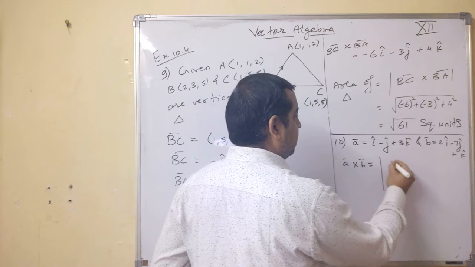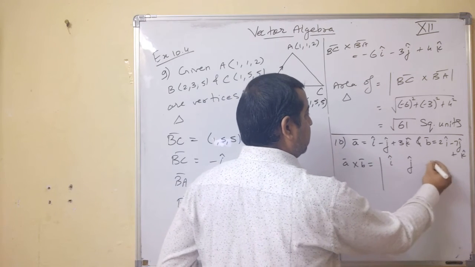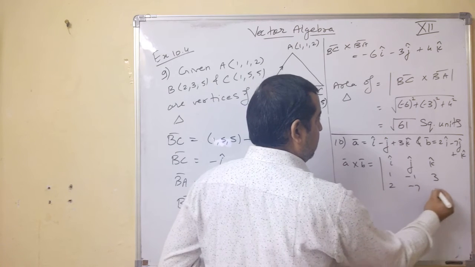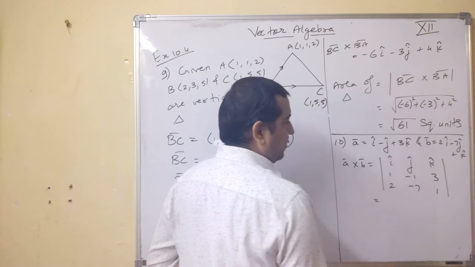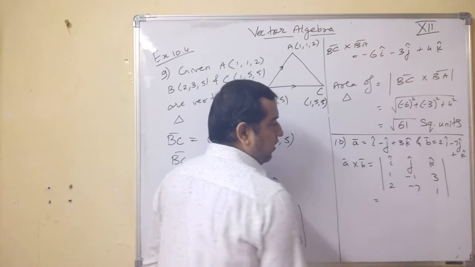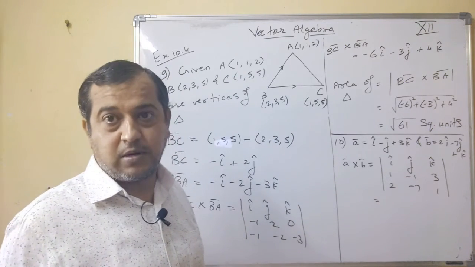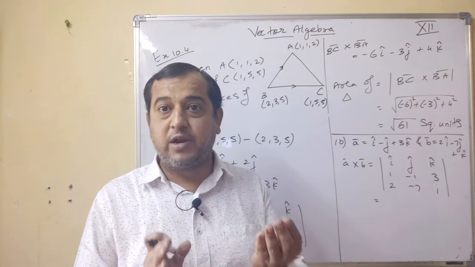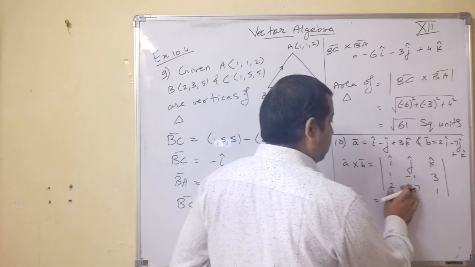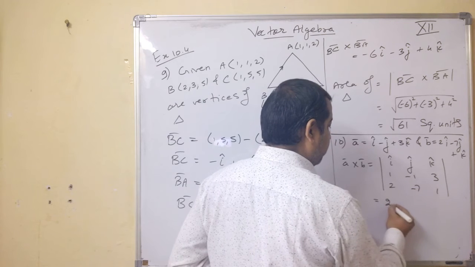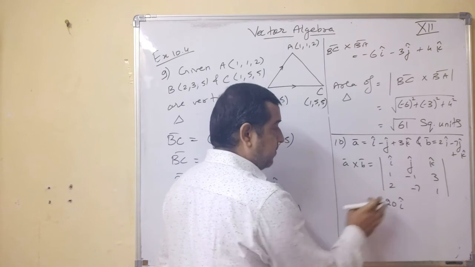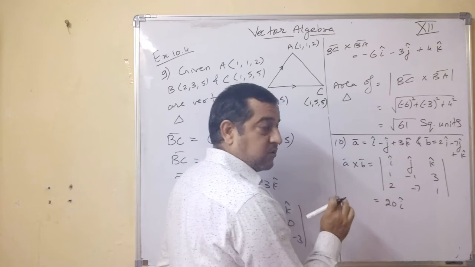Vector A cross B is the determinant of I J K, 1 minus 1 3, 2 minus 7 1. Minus 1 into 1 gives minus 1, and minus 7 into 3 gives minus 21. Negating, we get plus 21, so you get minus 1 plus 21, that is 20I. Then 1 into 1 is 1, minus 6, so you get minus 5.